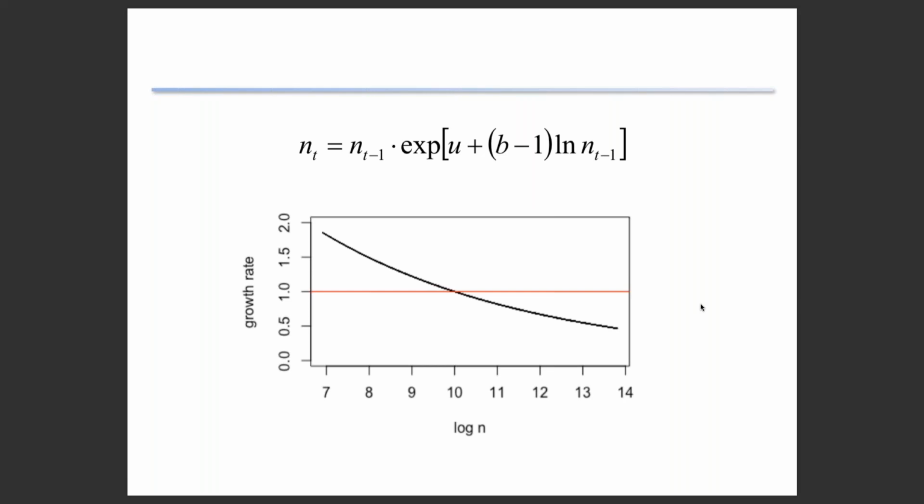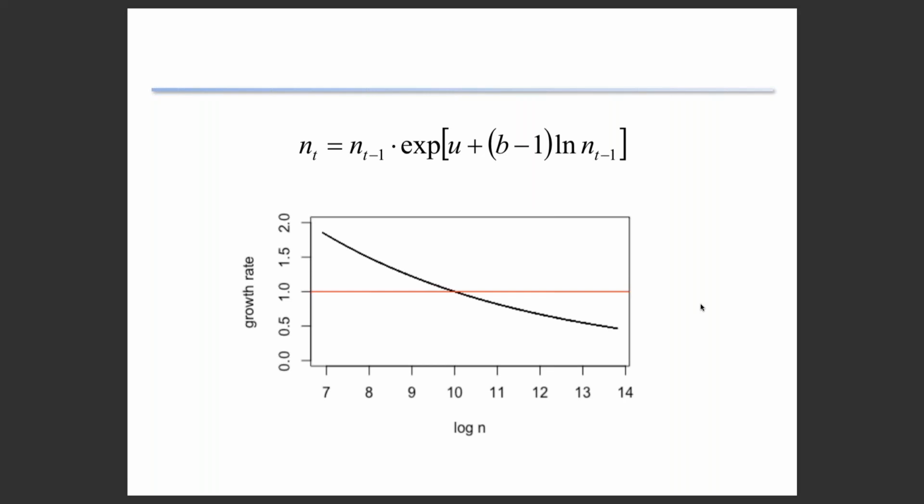In this case, to make this plot, I used u equals 2, and I used b equals 0.8. So the equilibrium is u over 1 minus b, so it would be u divided by 0.2, so that's why it came out to be 10. But this is the general form of what this looks like. It's this exponentially declining shape.